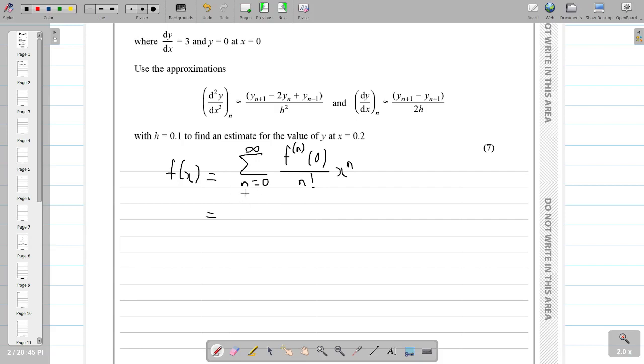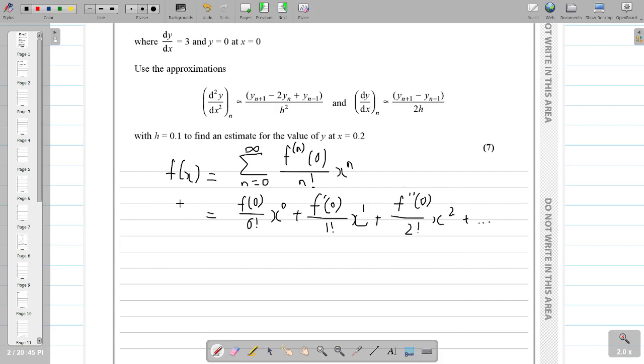So we want f of 0 over 0 factorial times x to the 0, plus f prime of 0 over 1 factorial times x to the 1, plus f double prime of 0 over 2 factorial times x squared, and so on. That's what we need.